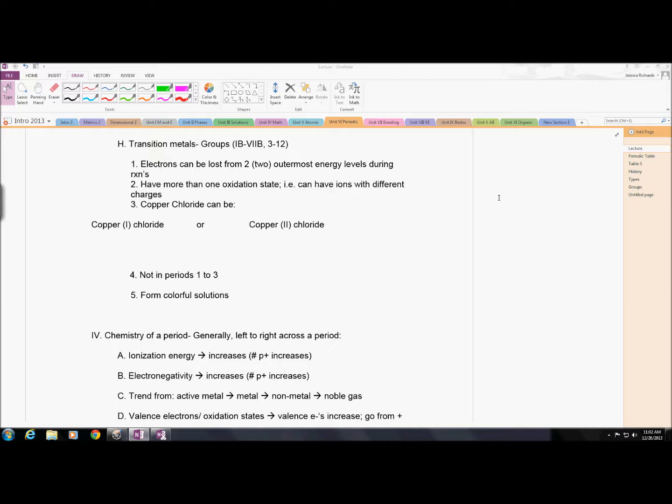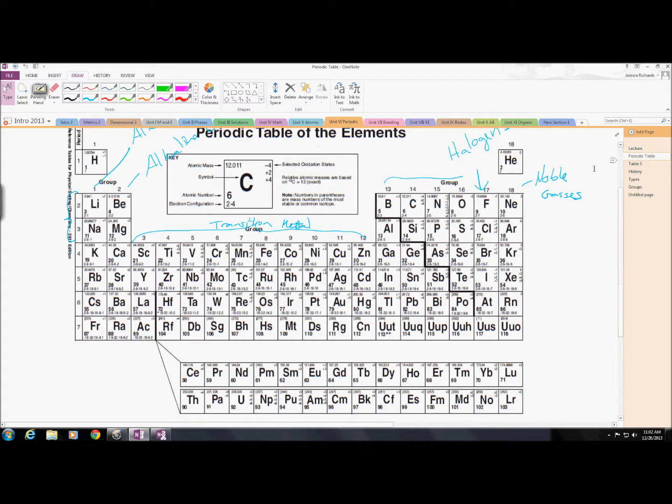It also lets them have more than one oxidation state. So if we look at our periodic table, the group 1s only make +1 ions, the group 2s only make +2 ions. But here in the transition metals, we get things like chromium that can be +2, +3, +6. Manganese has a number of positive oxidation states that it could possibly be.